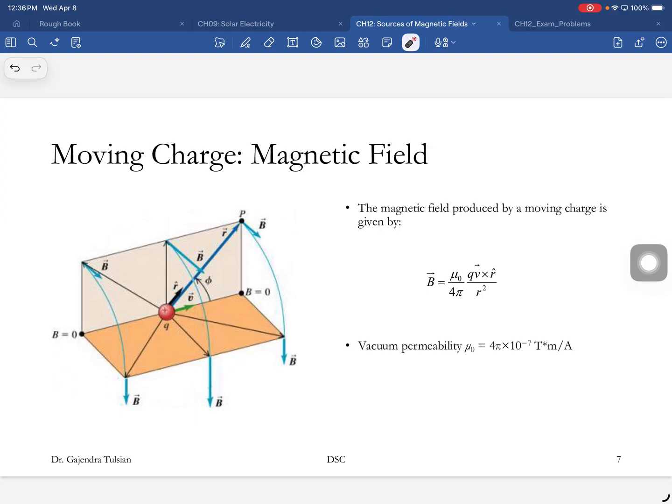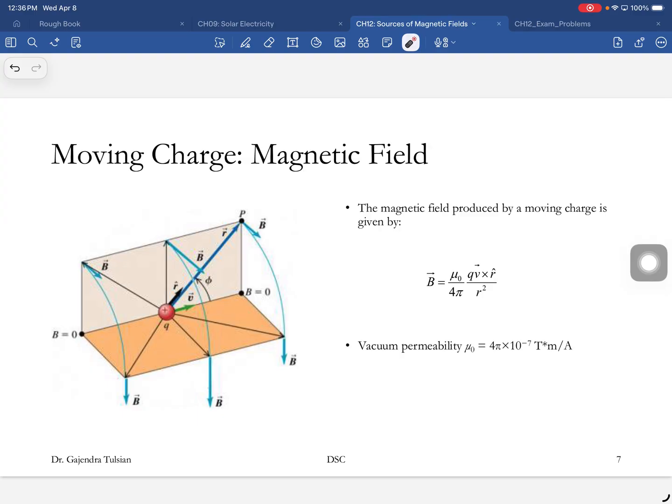So there's the magnetic field, tangent to the cylinder. And you could guess, the further out you are, what do you think will happen to the magnetic field? It gets weaker.